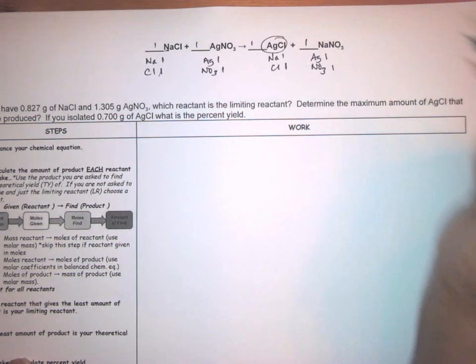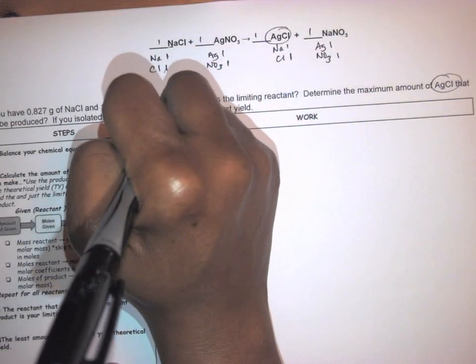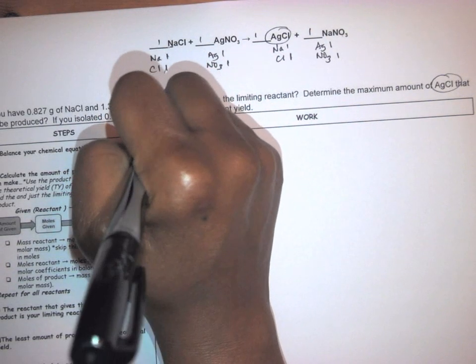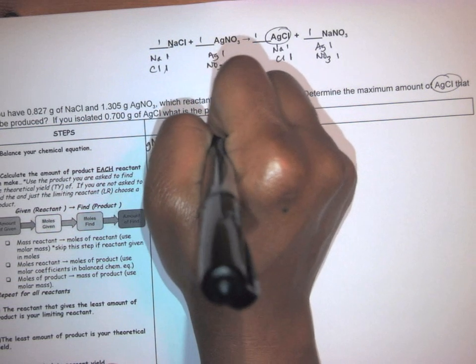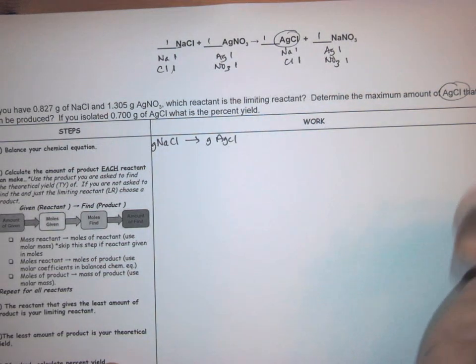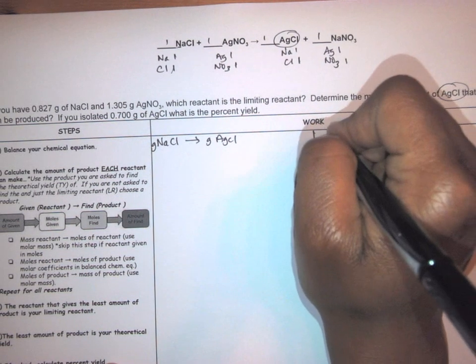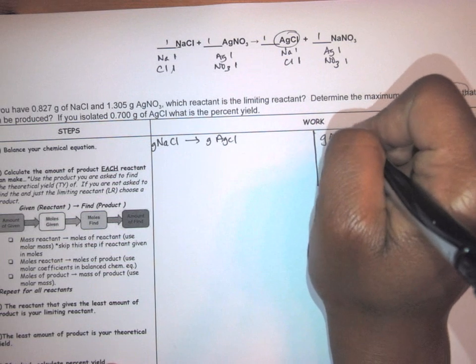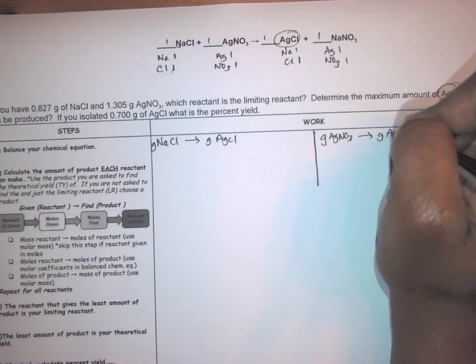So we're going to focus on this one. Okay, so my work here is to go from grams of NaCl to grams of AgCl. And I also have to do that for the other reactants, AgNO3. So grams of AgNO3 to grams of the product AgCl.